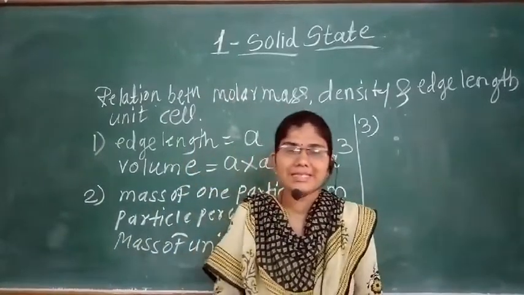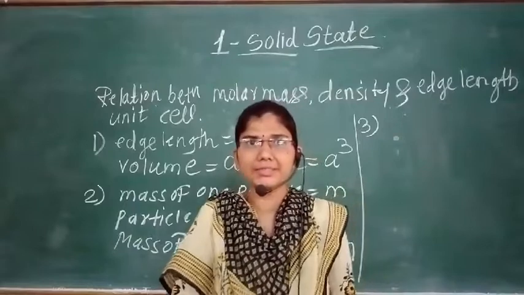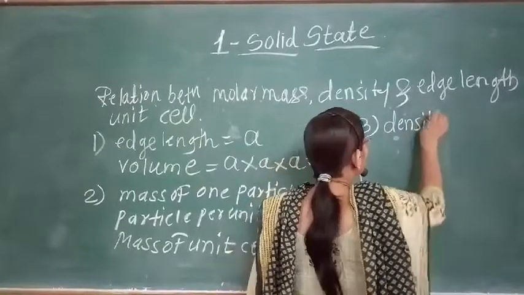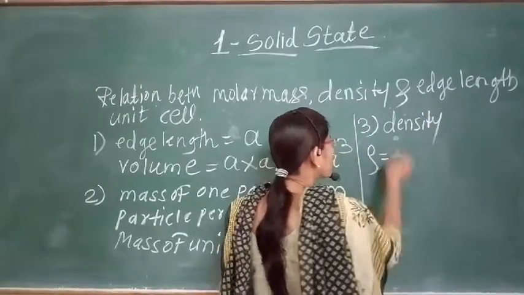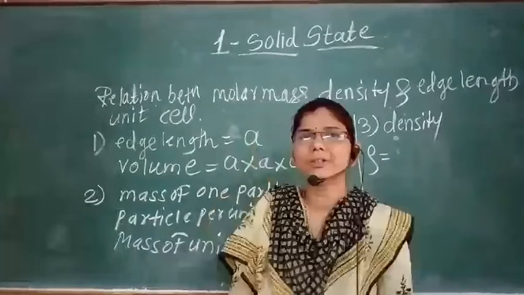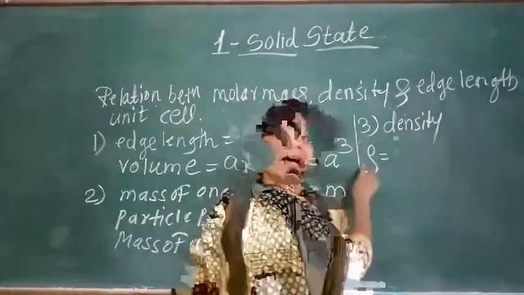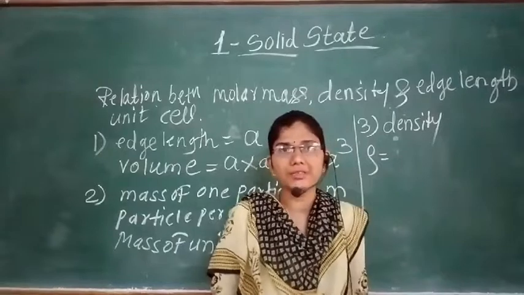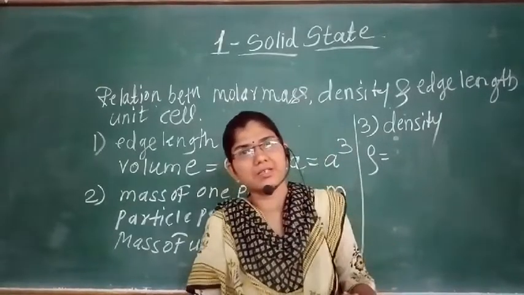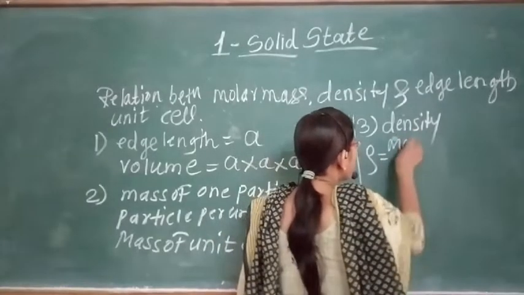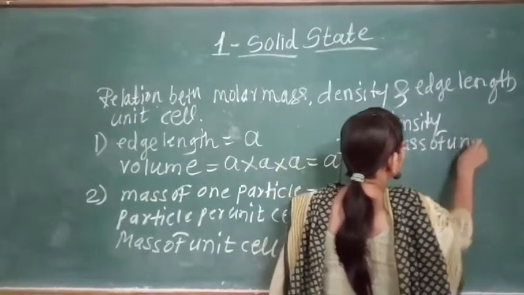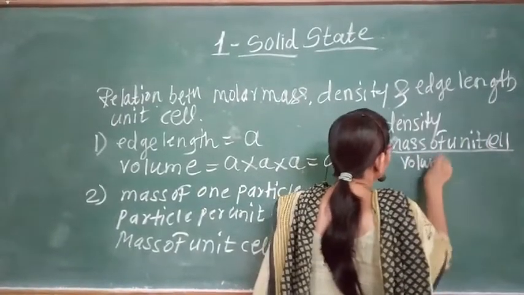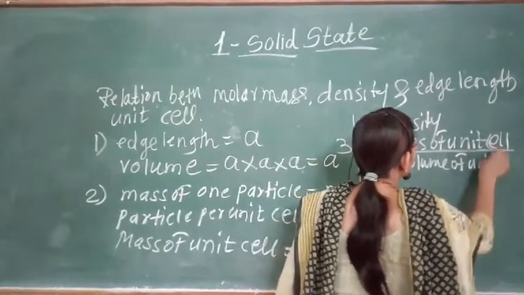So in the next step, that is the third step, as we know the density of a substance is the same as the density of a unit cell. Density is denoted by the letter rho, and as we know from our previous knowledge, here we have to calculate the density of a unit cell. That means the density of a substance is equal to mass of unit cell divided by volume of unit cell.